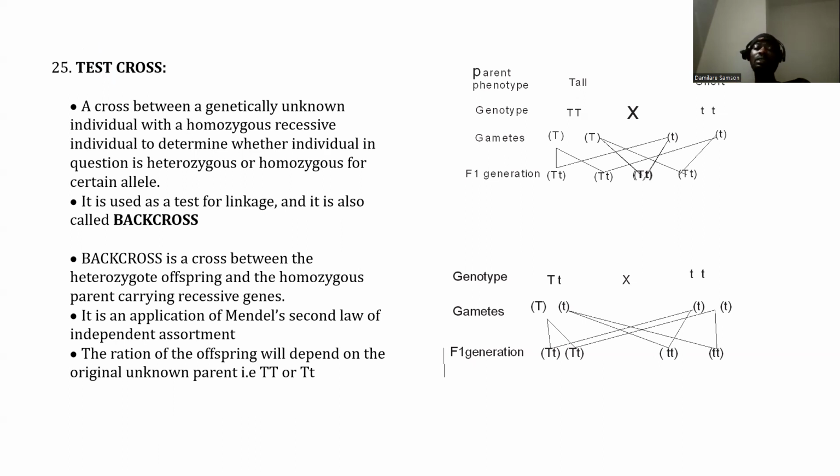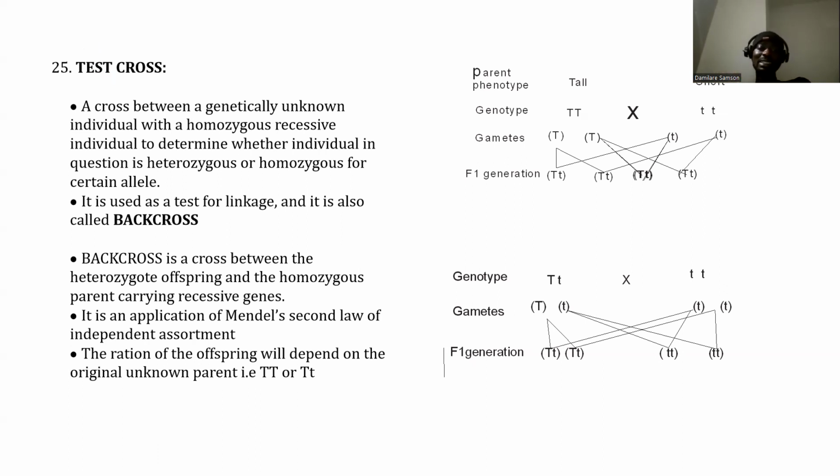Genetically unknown means we don't know the genotype of that individual, but the two possible genotypes are either homozygous or heterozygous.